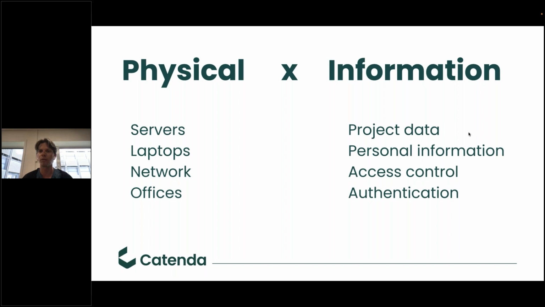And the second one is information and data security, and that's making sure that all the customer data, all the project data, also the personal information and the access control, and also the access to the system, the authentication, is secured.